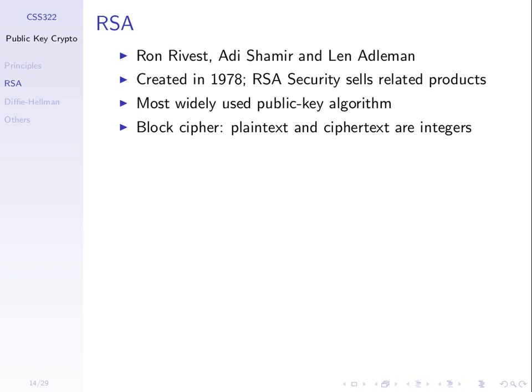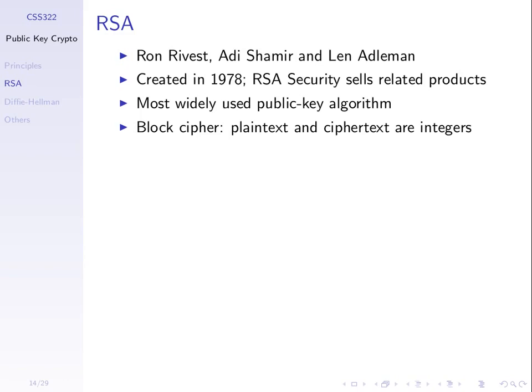So it's considered the most widely used public key algorithm. There are others, but it's widely used, still considered secure, and it's not commonly used, though, for encrypting data. We'll see it's primarily used for authenticating, and we'll explain the difference after we go through the algorithm.